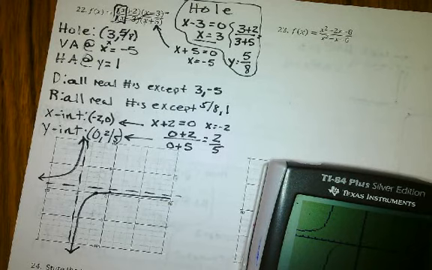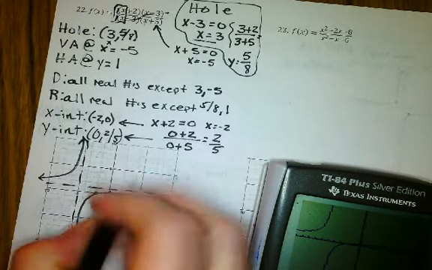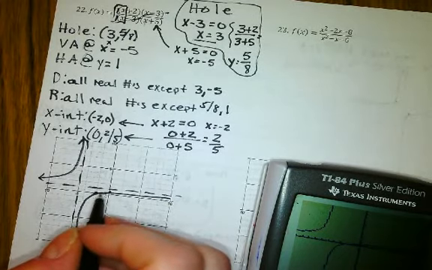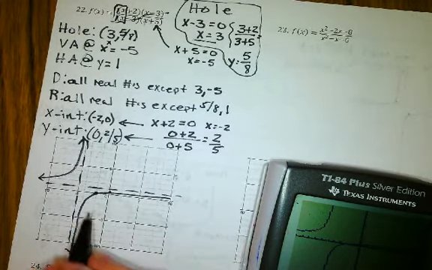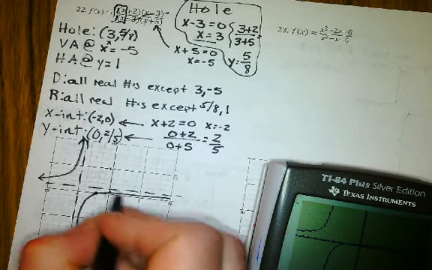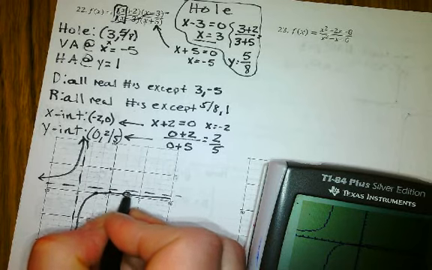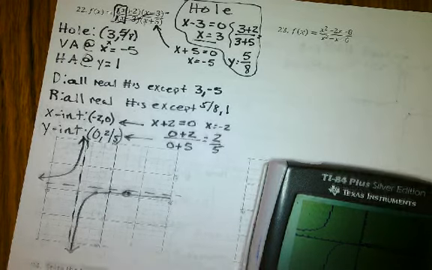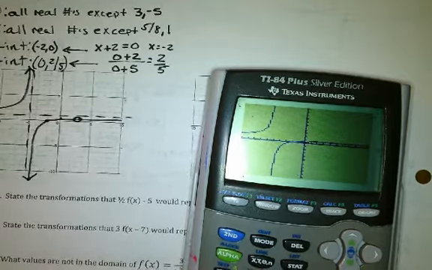Oh, nope. Okay, nope, that's good. All right, very good. And like I said, you are going to have a hole. So the hole's at 1, 2, 3, somewhere around here. You're going to have an open dot, and that's where your hole is going to be. So that's what the graph looks like.